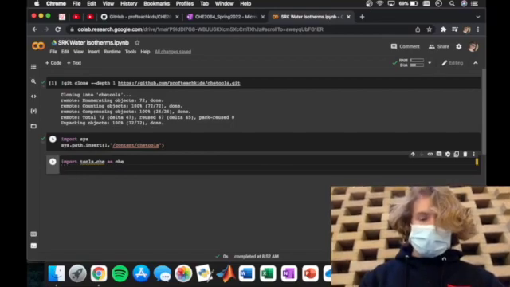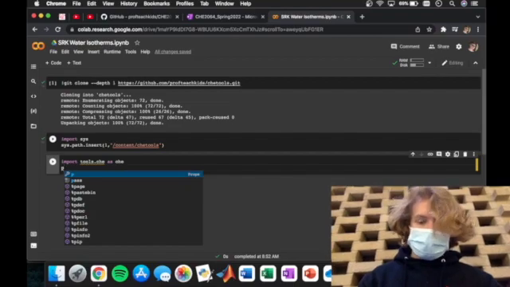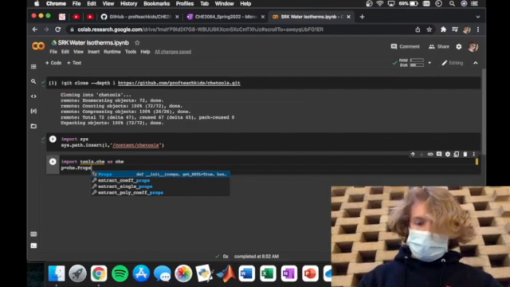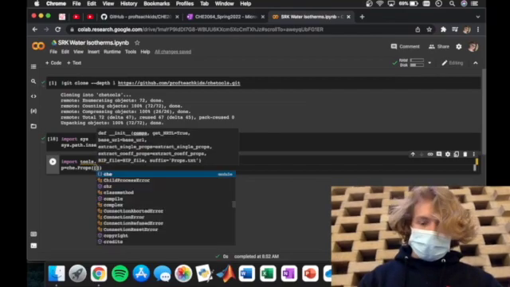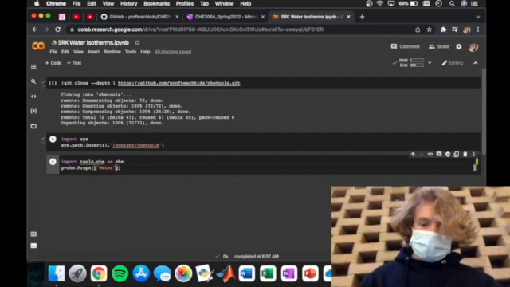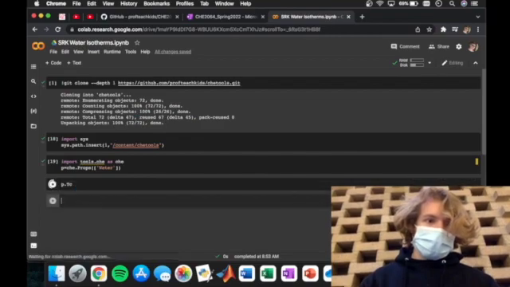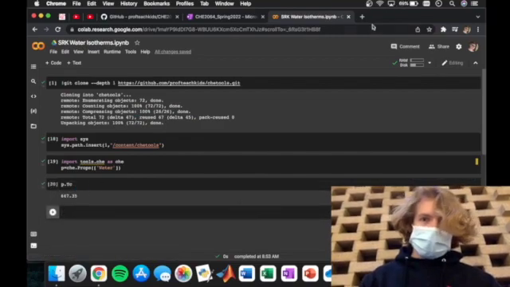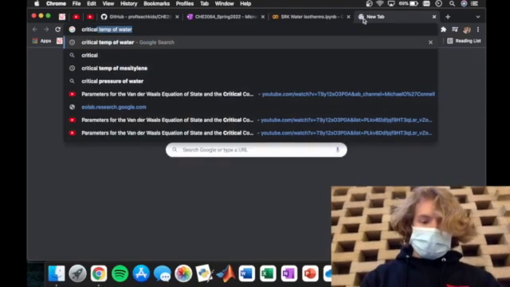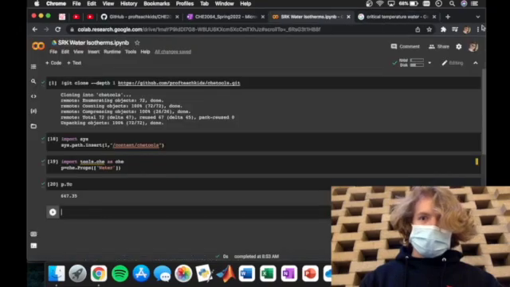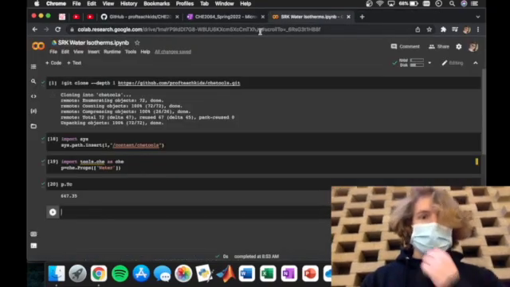We'll use our alias as P for properties right here, and we'll go P = che.props, and then we want the properties of water, so we'll go ahead and say water, like so. Make sure that's running all good. Alright, and we'll go ahead and test this out, make sure it's running right, see if it'll give us the critical temperature for water. Yep, 647, so that's running good. Alright, so now we've got our repository all working great.